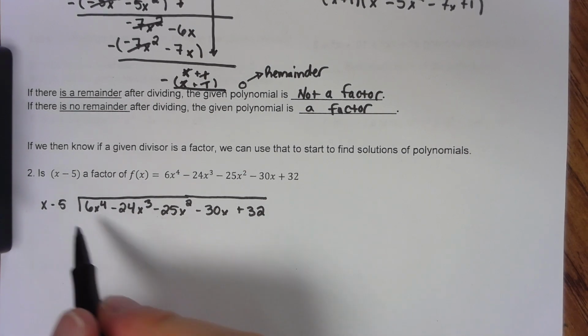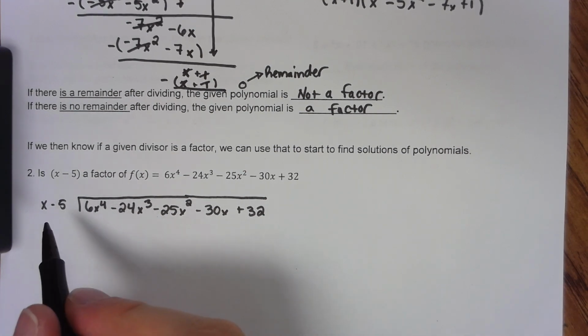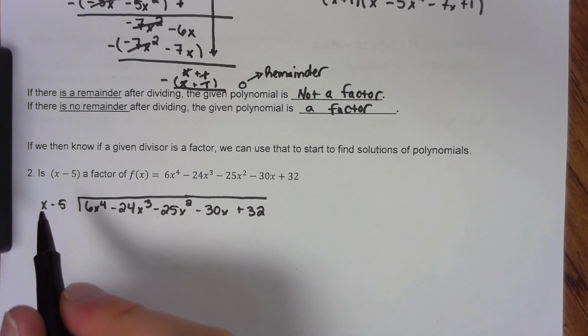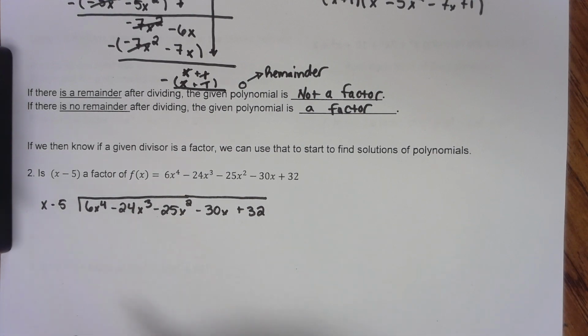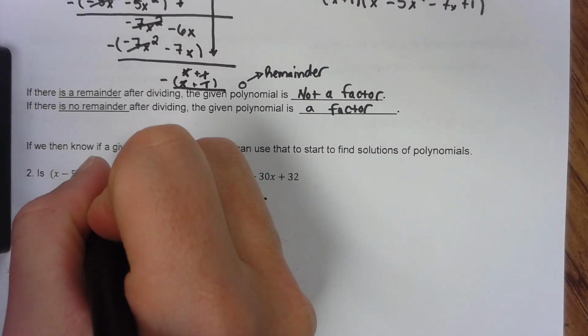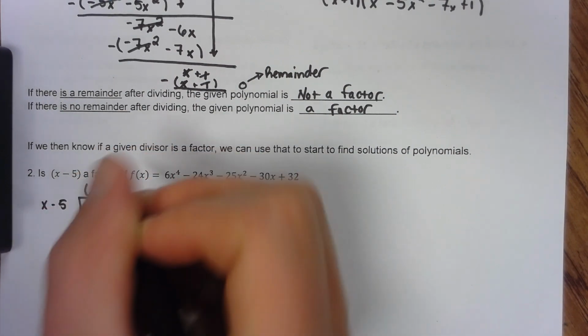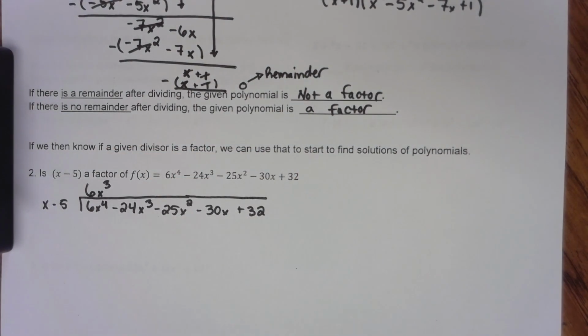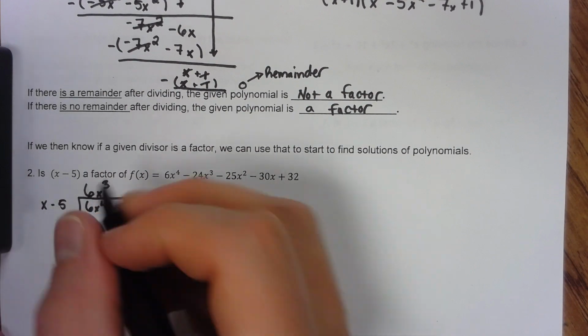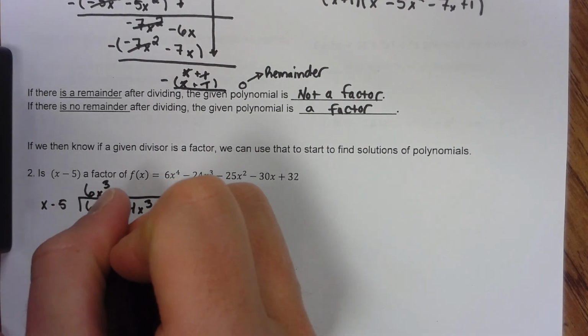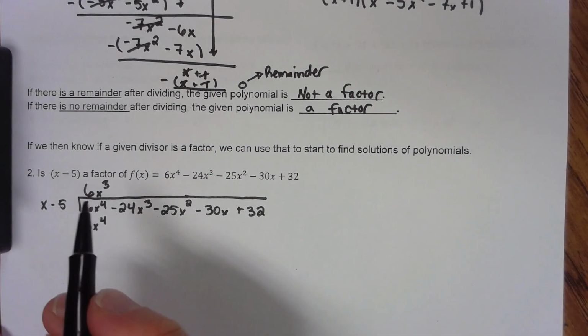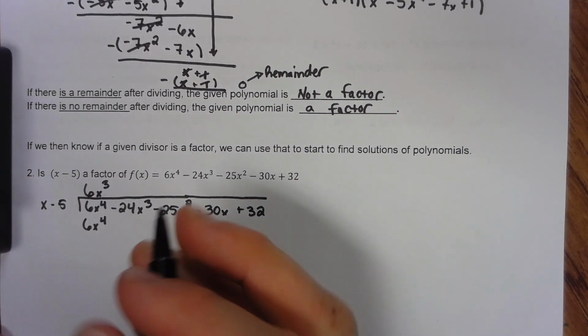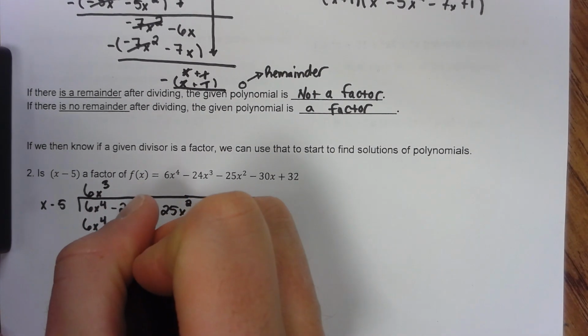So we want to get another 6x to the 4th by thinking about what can we multiply this x by to get the 6x to the 4th. Well, for sure 6, and then we need an x cubed times that x to get the x to the 4th. So 6x cubed times x gives me that 6x to the power of 4. And then 6x cubed times -5 is -30x cubed.